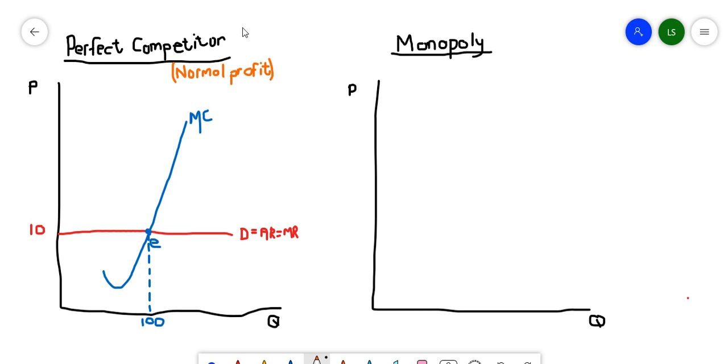And that means at the profit maximization point, my average revenue and my average cost have to be equal. If you think back to when we last drew the perfect market, if average revenue and average cost have to be equal, it means at my profit maximization point, they have to touch or intersect.